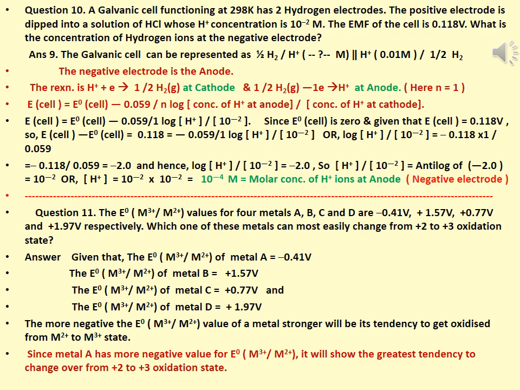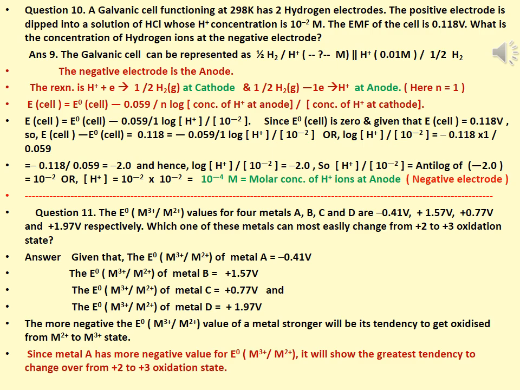If you look at the E naught values, they are all reduction potential values in the standard state. But if you look at the question, which one of these metals will change most easily from plus 2 to plus 3? That means they should get oxidized. I have written out the values with the E naught reactions.